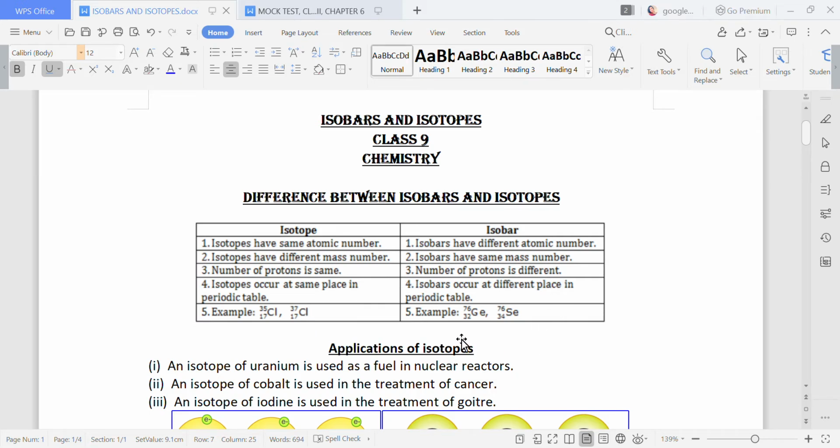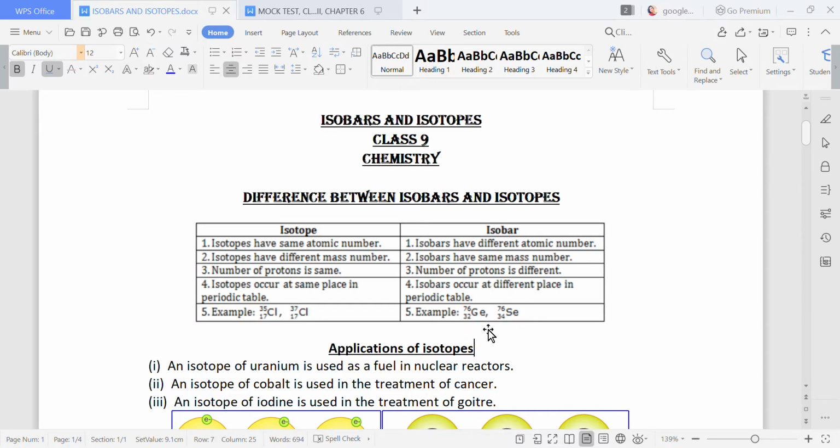In this example here, you see there are two different elements. One more point which I forgot here is, in isotopes the elements are also the same. Now, what are the things that are the same in isotopes? The element is the same, the atomic number is the same, only the mass number differs. But here you see even the elements are different. Germanium and selenium, both the elements are different.